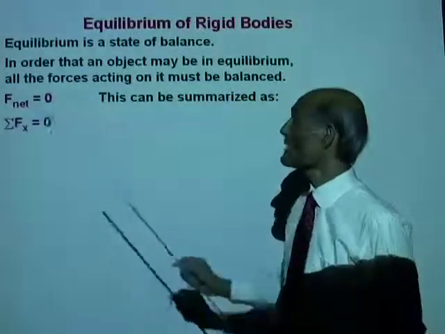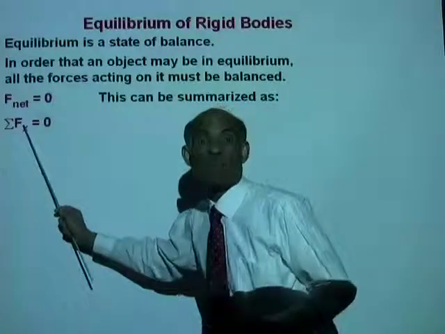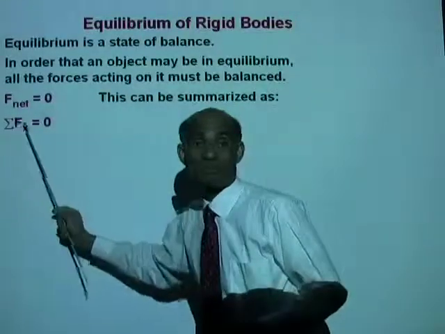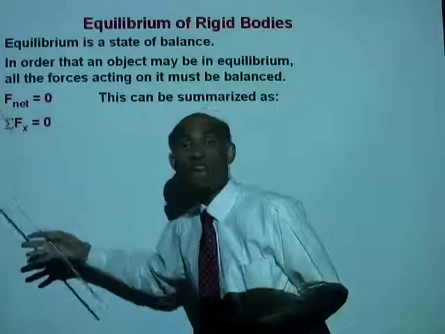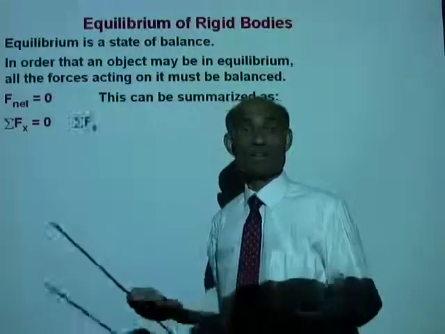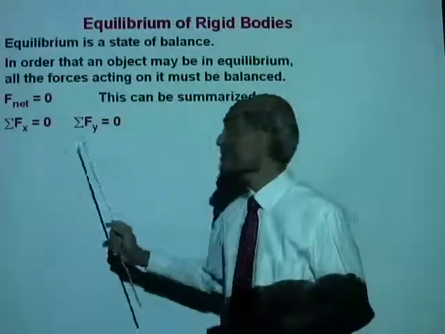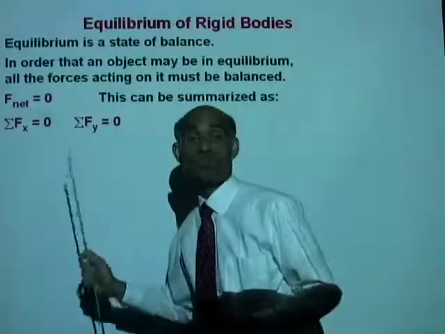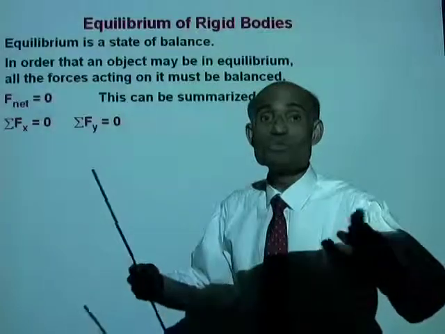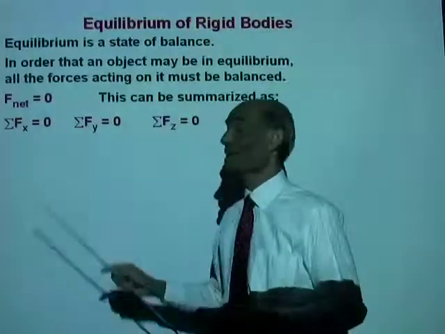And I'm going to summarize this as the net force in the x direction must be 0, summation Fx equal to 0. The net force in the y direction must be equal to 0. This is a much more convenient way for us to use in solving problems.